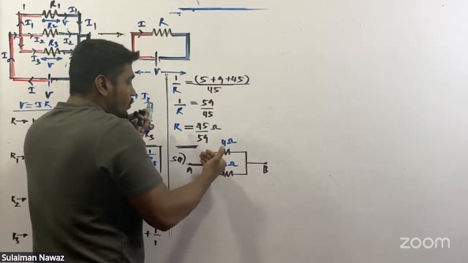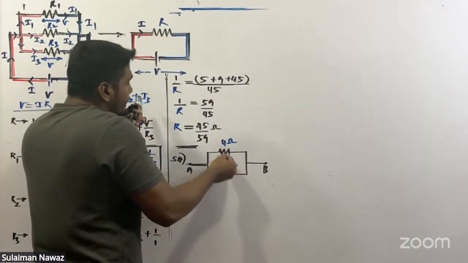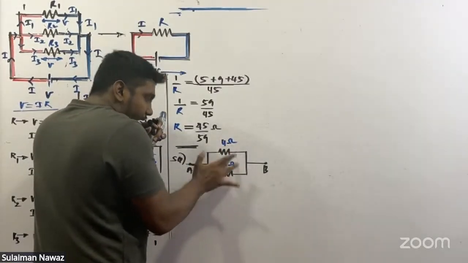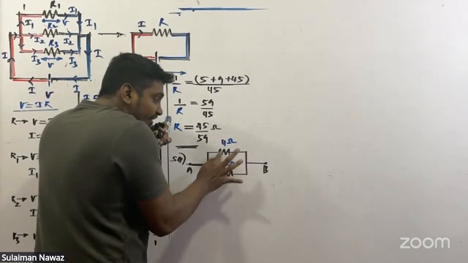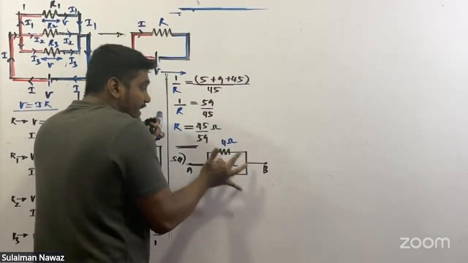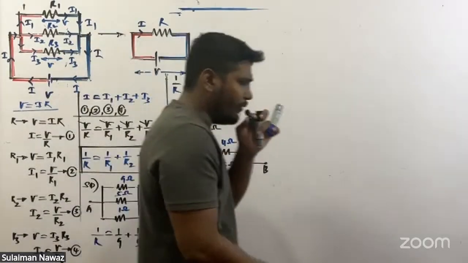If I ask you why, the answer must be, sir, when you consider the 4 ohm and 5 ohm resistors, they are in parallel because the potential difference across 4 ohms and the potential difference across 5 ohms are the same. Why? How?